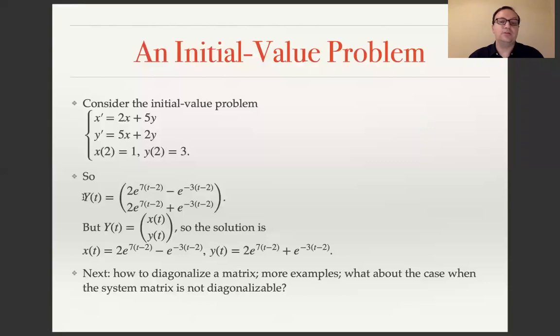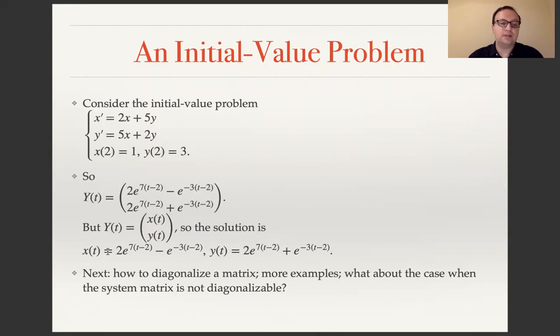So we computed this vector capital Y of t, but the two components of capital Y of t are x of t and y of t, the two unknown functions we wanted to compute. So this means that x of t is the first entry and y of t is the second entry.